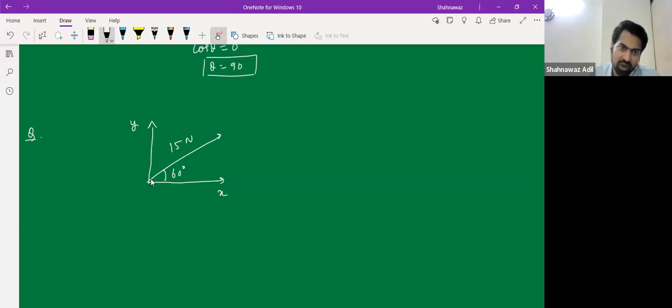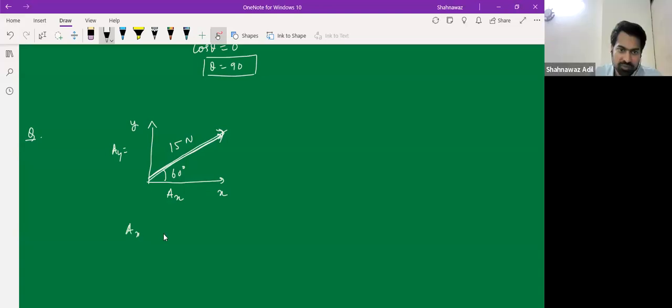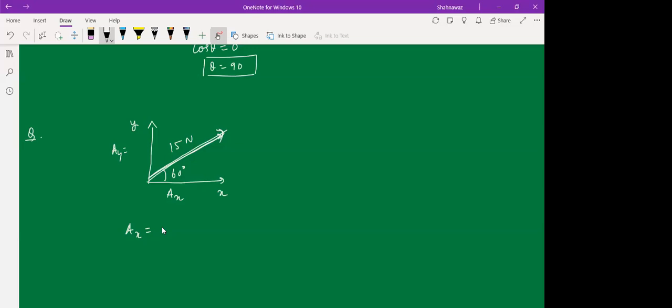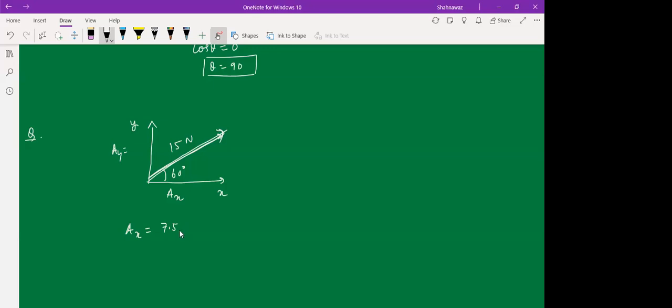We can resolve this vector into two components, one would be the AX component, the other one the AY component. AX would be how much? 7.5 I cap. Oh, we already did this question yesterday.